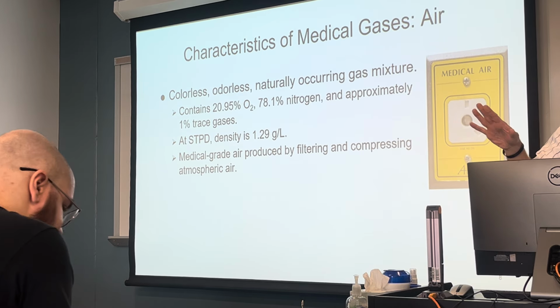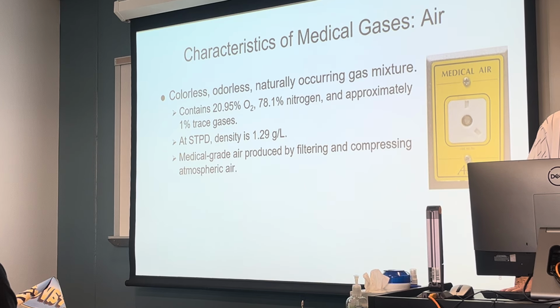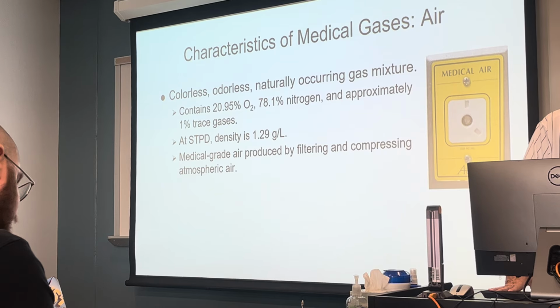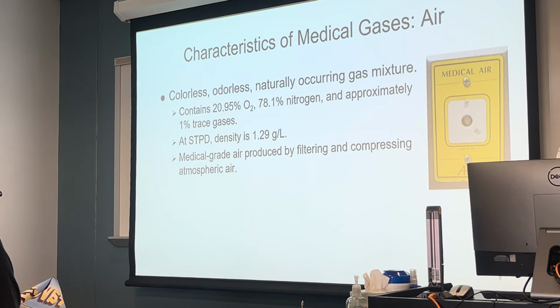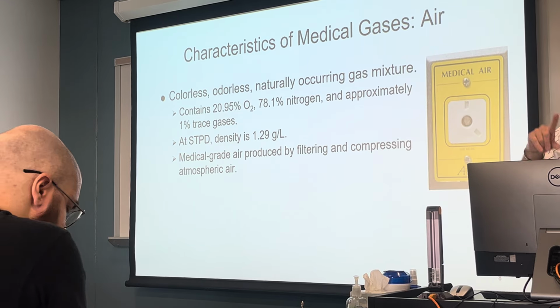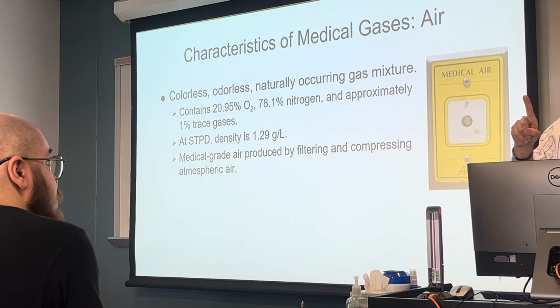All right, leaving oxygen, let's talk about medical air. This is regular room air, so colorless, odorless, naturally occurring gas mixture, which contains 20.95% oxygen, that's where we get our 21 number from, 78% nitrogen, and then approximately 1% of the other trace gases. Most of that 1%, what gas is it?